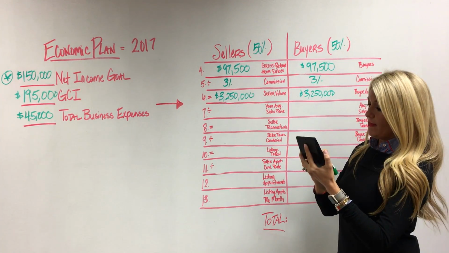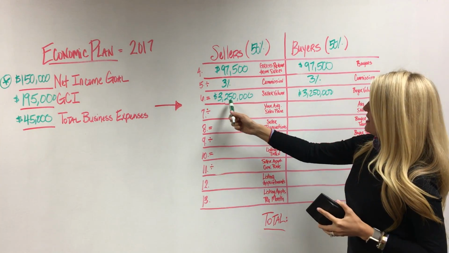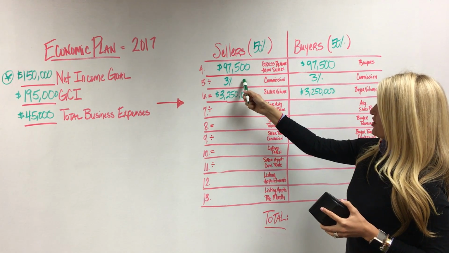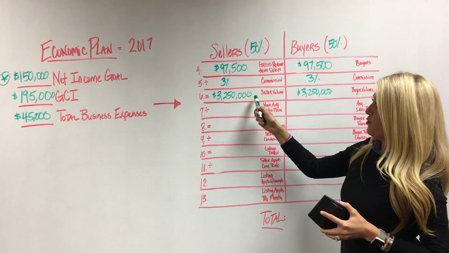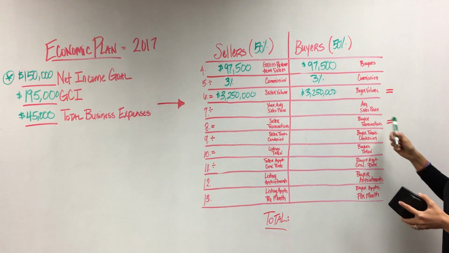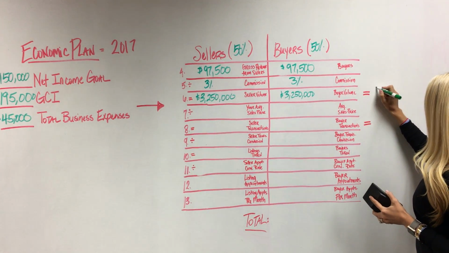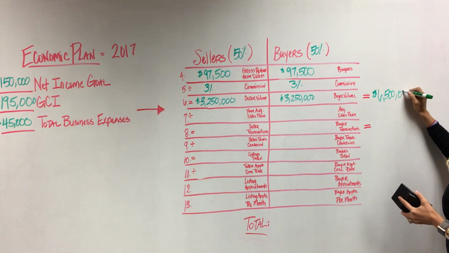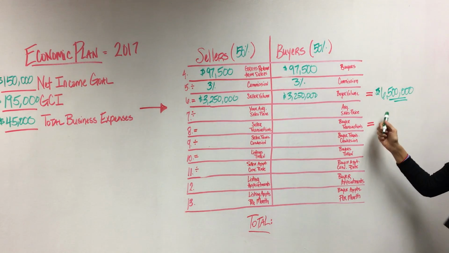Basically, if you need to net $150,000 after your expenses and your average commission is 3%, you need to do $3.2 million of volume on sellers and $3.2 million of volume on buyers. So your total volume would need to be right around $6.5 million in 2017. That would be your volume goal.